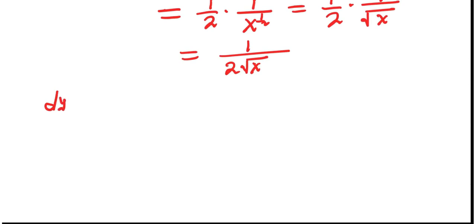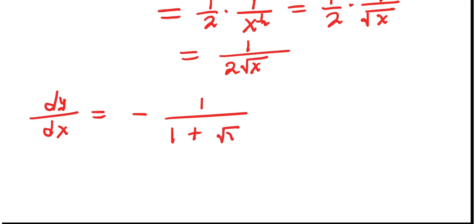So dy/dx will be equal to negative 1 over 1 plus, remember that u is root x, so this is now root x squared, times du/dx, which is simply this, so that is the value of du/dx.